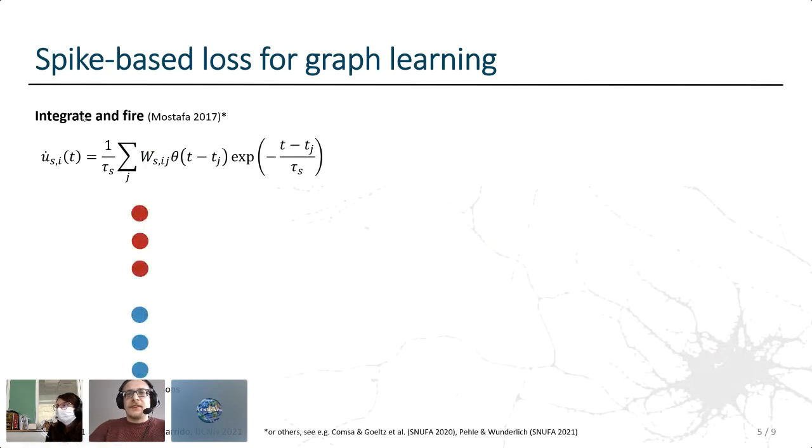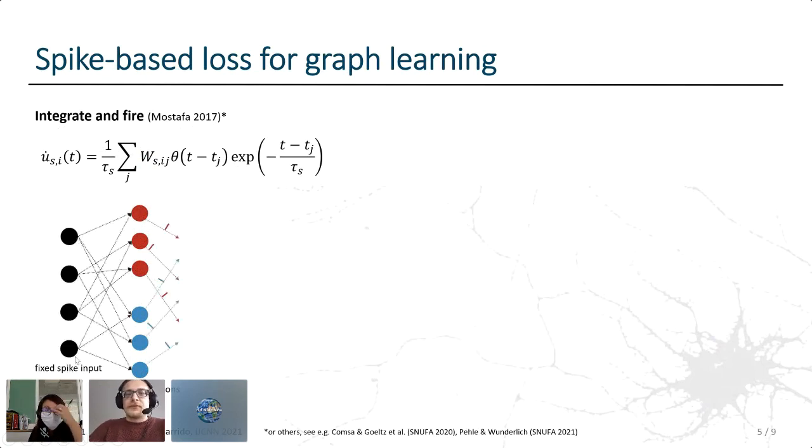So we take this model here, and these are our neurons in the neuron populations encoding the nodes. So this would be the representation of one node, the representation of another node. Now these bubbles are the neurons. Of course, we have to drive them with some input, otherwise they won't do anything. So we use fixed spike inputs, so also a population of neurons where each neuron spikes once, and weights which can be trained. By training these weights, we can change the output spike times.